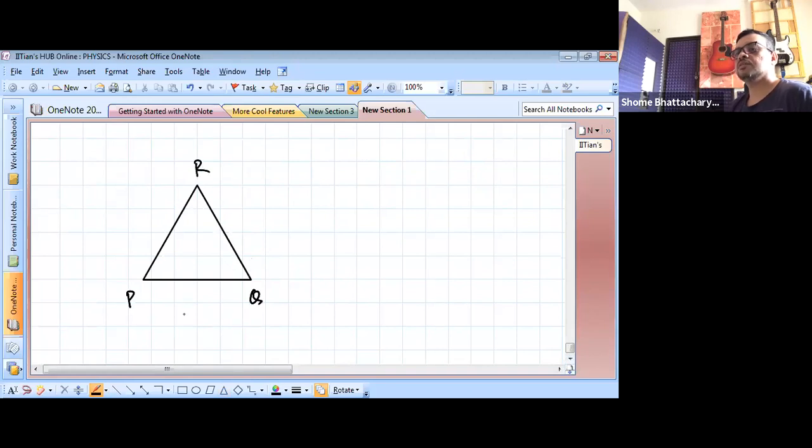Let me first assume that this is my equilateral triangle PQR, and suppose the sides are of magnitude 1. Now my vector A is along PQ and of magnitude 1, so it will be like this only. But my vector B is along QR and its magnitude is different, it is 2.